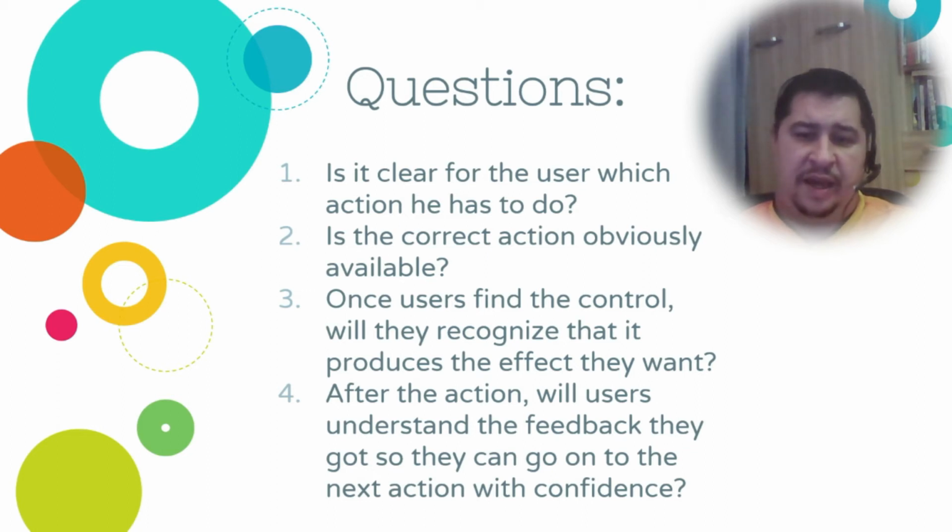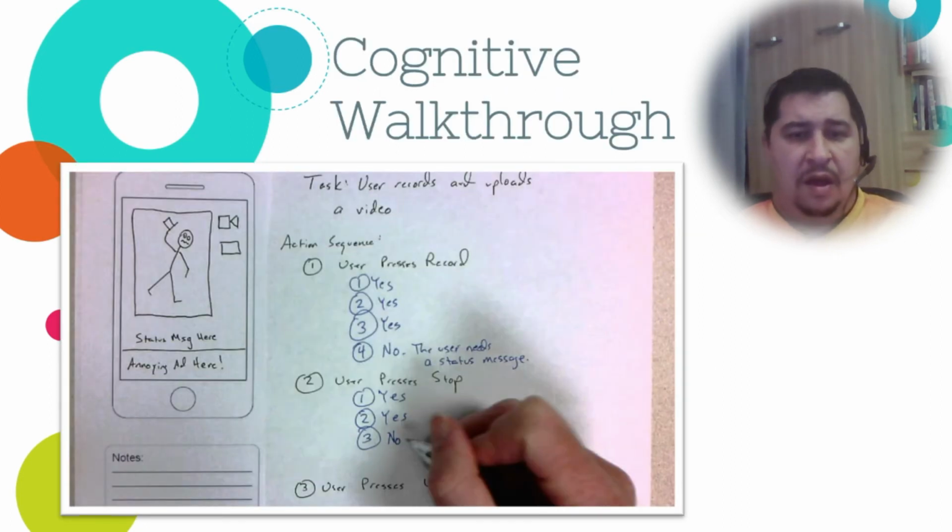And after the action, will users understand the feedback they got so they can go on to the next action with confidence? One of the big advantages of the cognitive walkthrough is that you don't need to have a finished product. You can do that by the time you have wireframes or mockups of the designs, and just go step by step and answer each of those 4 questions.